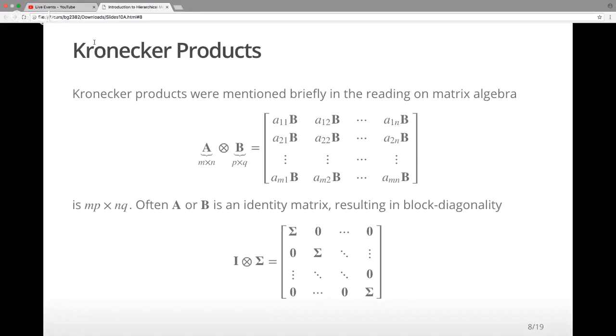But down the diagonal, we have clumps of non-zero values, but away from the diagonal, we have blocks of entirely 0. And this construction here, identity matrix times something, is one that is going to come up in hierarchical models.